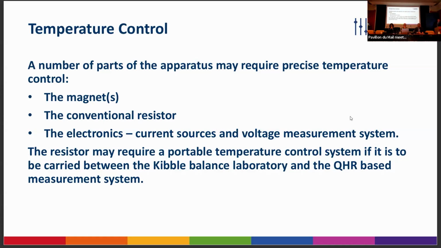And sometimes it's quite useful to control the temperature of the electronics, because, as I said, with nanovolt switches, nanovolt amplifiers, keeping them at a constant temperature removes a lot of the thermal EMFs in the system, which helps a lot in keeping your measurement noise down.